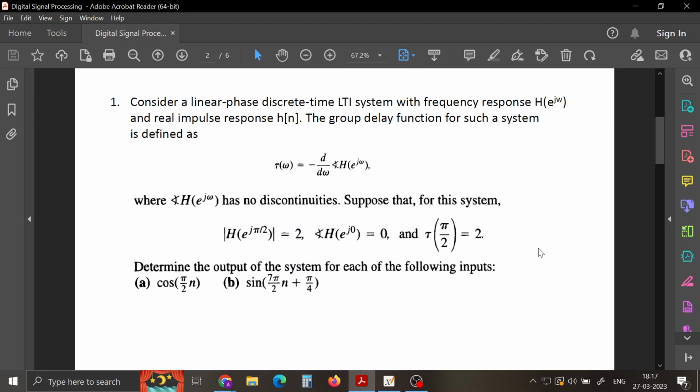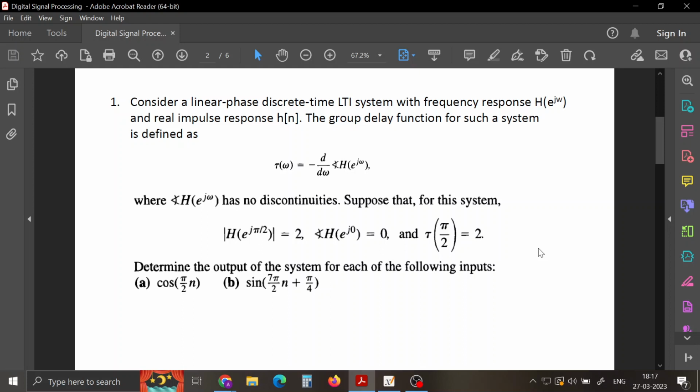And as we know, the group delay function is given by the negative of the derivative of the phase of the frequency response, so tau of omega equals minus d by d omega of the phase of the frequency response, and it is assumed that the phase has no discontinuities.